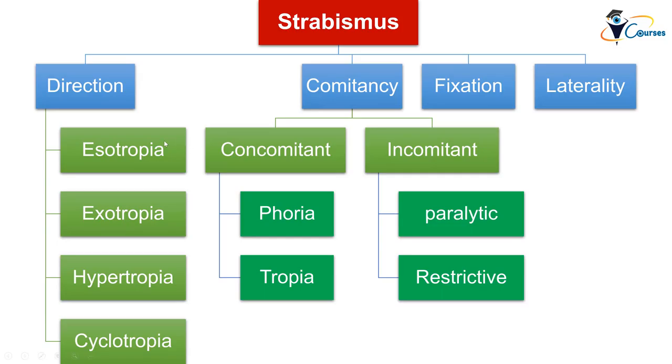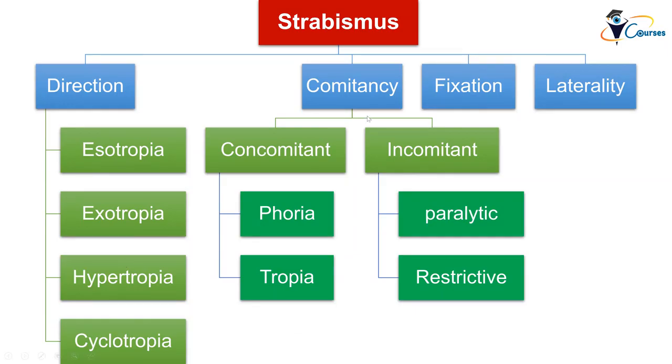Okay, if you want to classify strabismus into a broad classification, it will be according to the direction. So it can be esotropia, exotropia, hypertropia, or cyclotropia, even if there is intorsion or extorsion. There is also hypotropia, but I just forgot to write it.